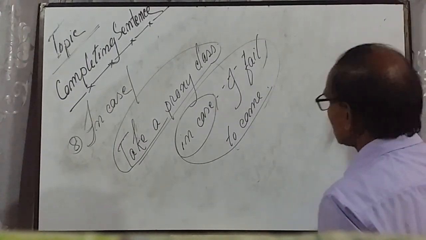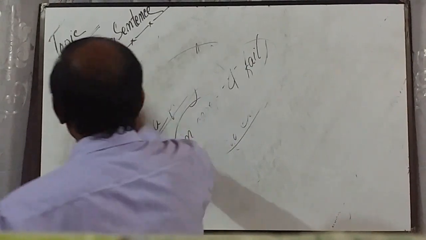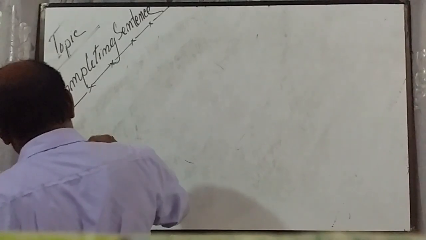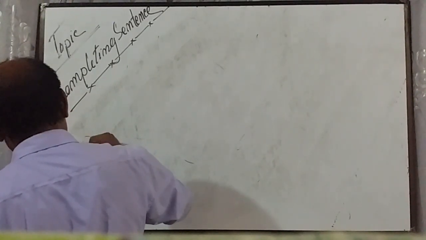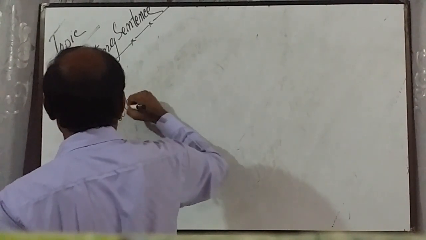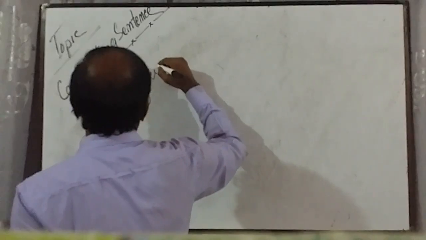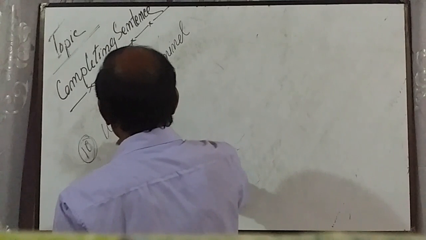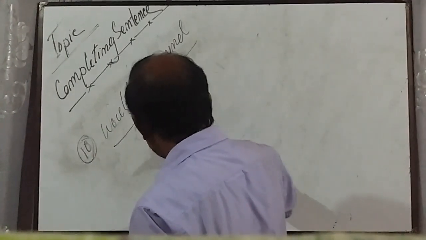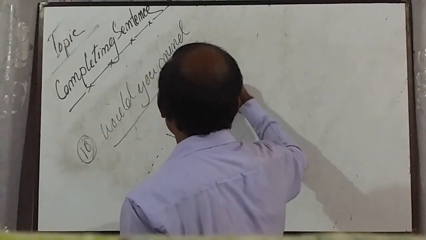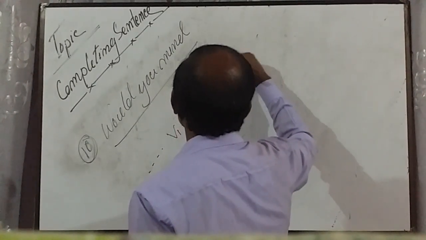Then the last one, number 10. Would you mind? It is pretty simple. Would you mind, then B1 plus ing plus extension, whatever it may be, it doesn't matter.